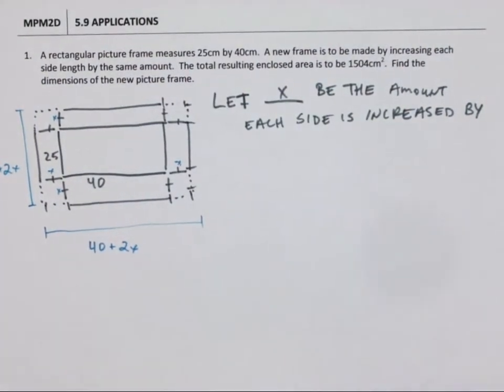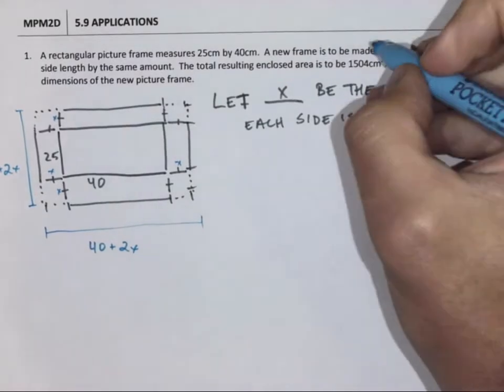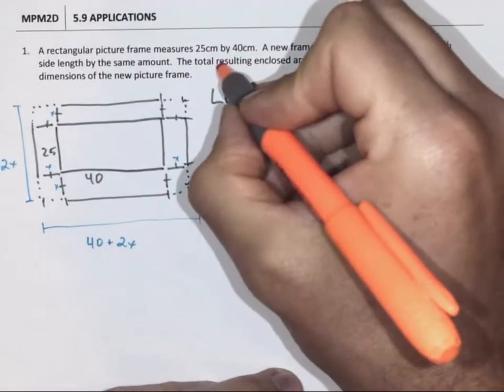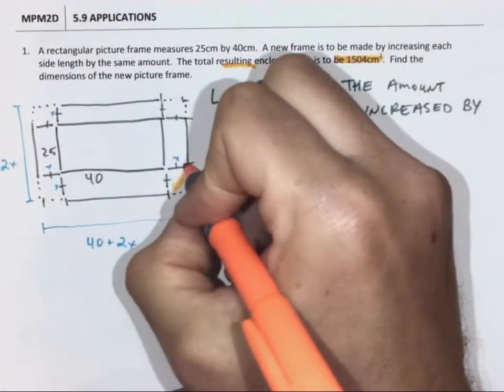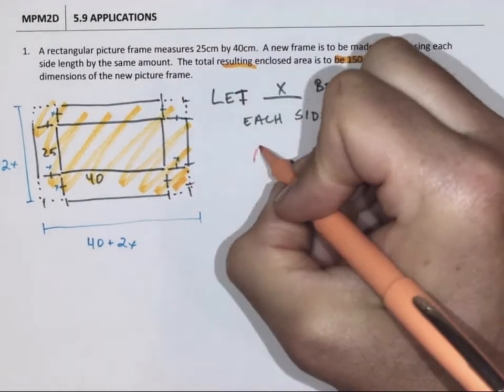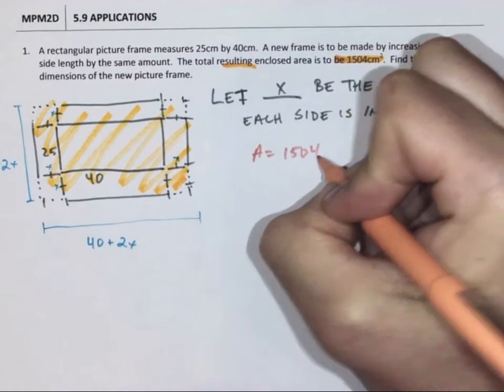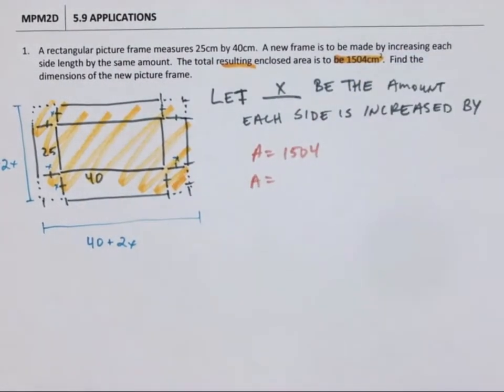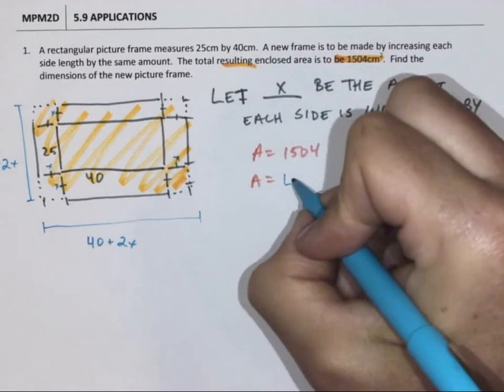And that entire area, it tells us, different color here, total resulting. So that total area is going to be 1504. We also know that area is length times width.